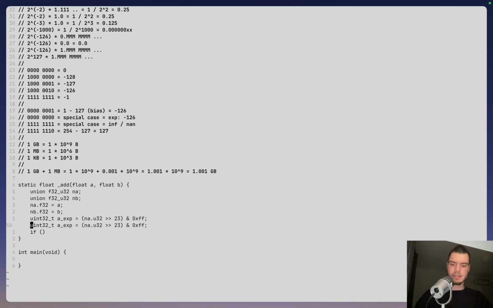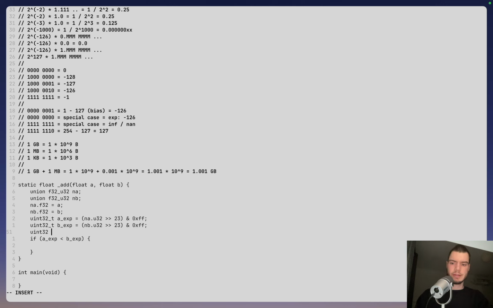And we're going to do the same thing for b. All right, if the exponent of a is smaller than that of b, a is smaller than b, we shift.